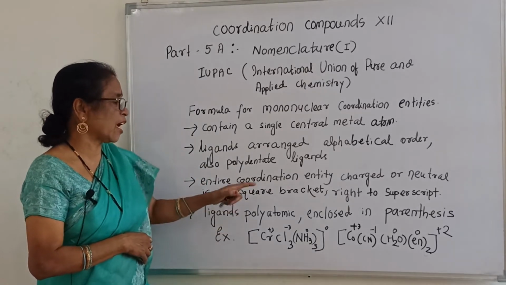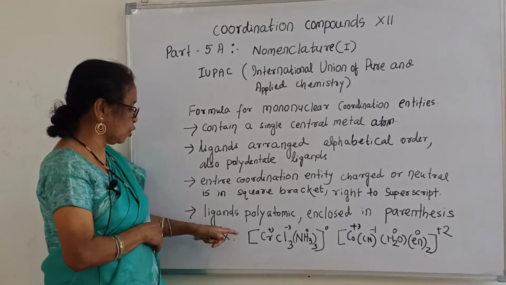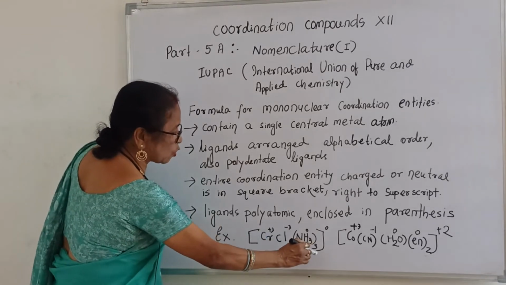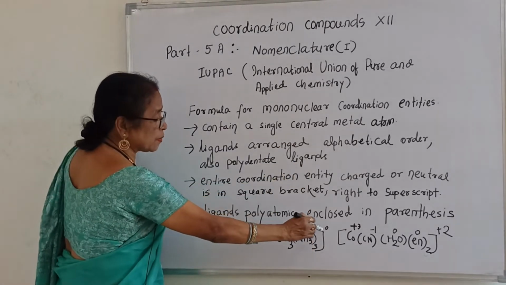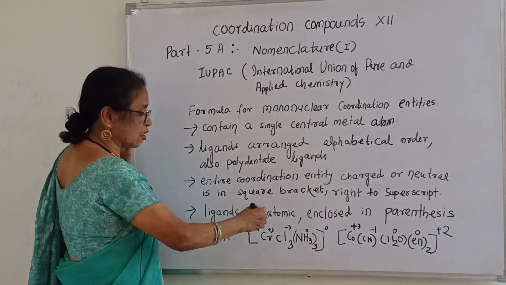Polyatomic ligands are enclosed in parentheses. Let us see an example. Here the square bracket starts and closes, and the superscript is 0. 0 indicates a neutral complex.